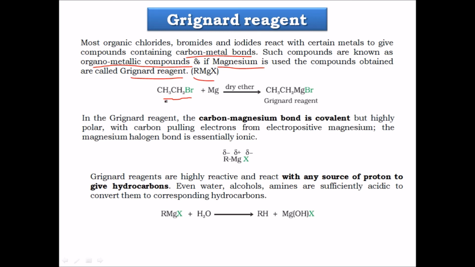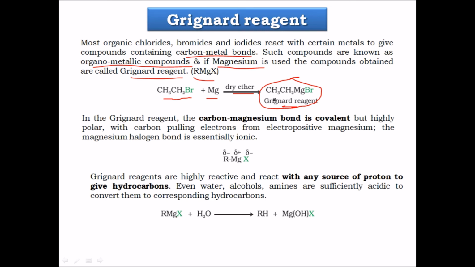I take an alkyl halide like ethyl bromide, which on reaction with magnesium in the presence of dry ether results in the formation of alkyl magnesium bromide, particularly ethyl magnesium bromide. It is said to be a Grignard reagent because we have magnesium, alkyl magnesium halides. That's the generation of Grignard reagent.